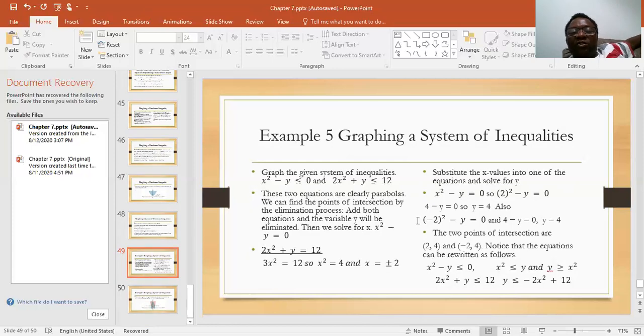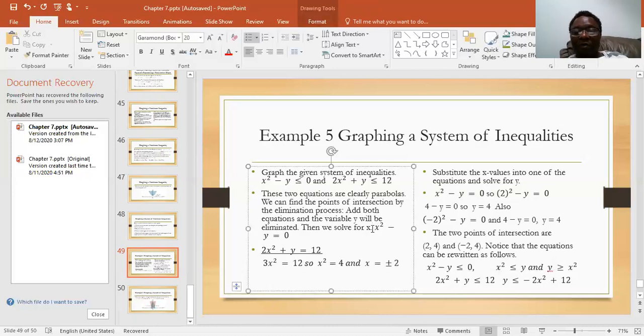We have x squared minus y equals 0, and 2x squared plus y equals 12 is the second equation.